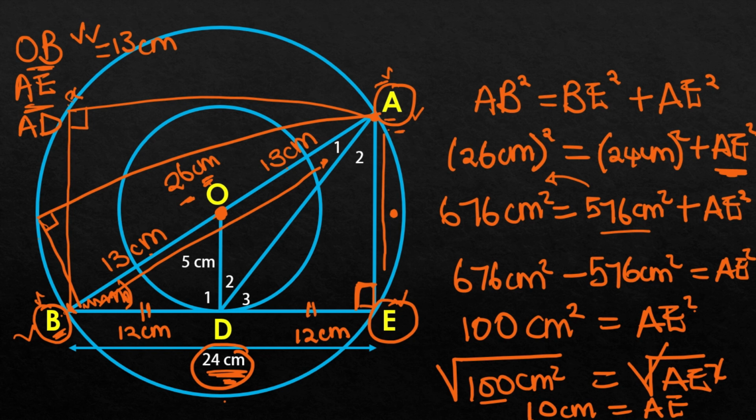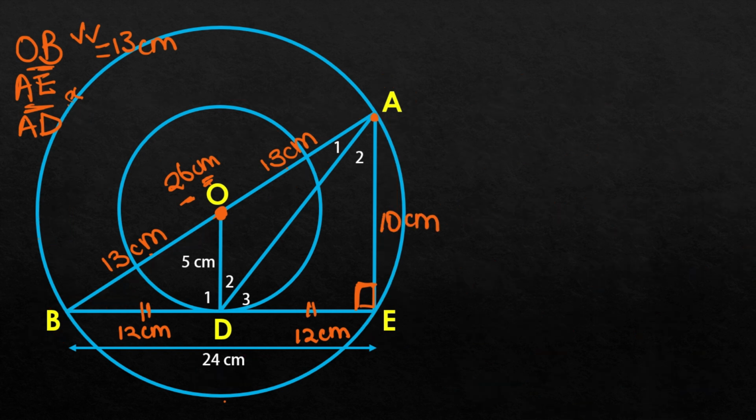So the length from here to here is 10 centimeters. And so AE is equal to 10 centimeters, and therefore we're looking for the remaining length, which is AD. AD is the distance from here to here.